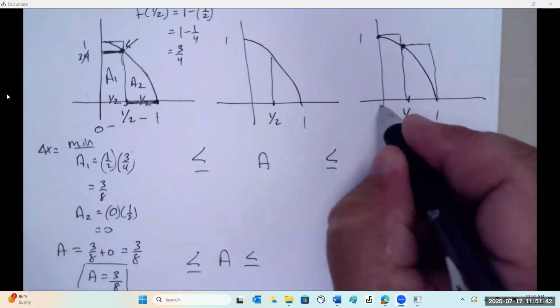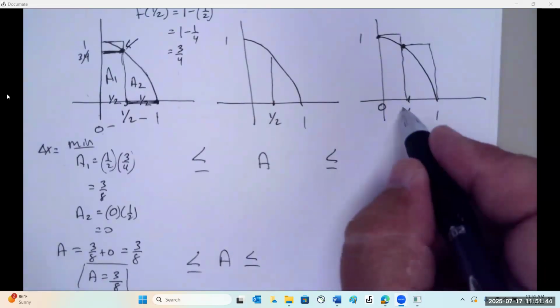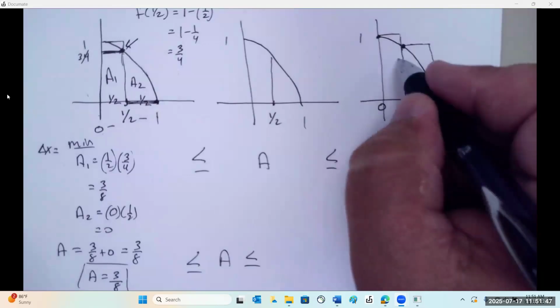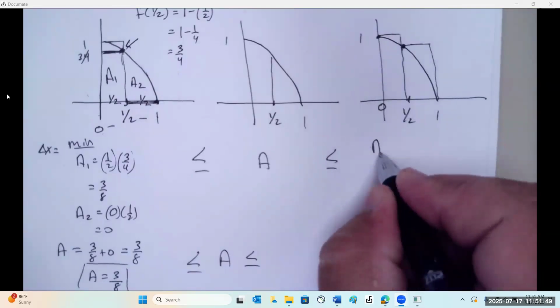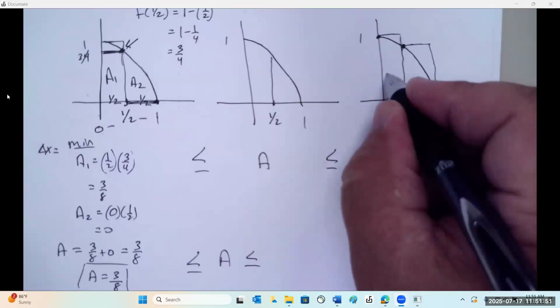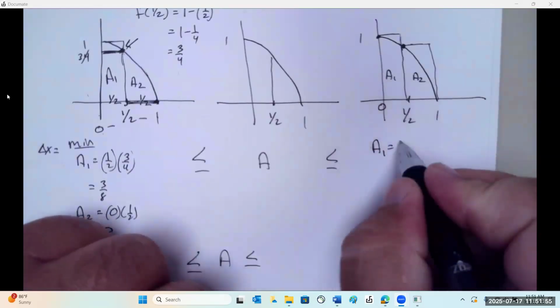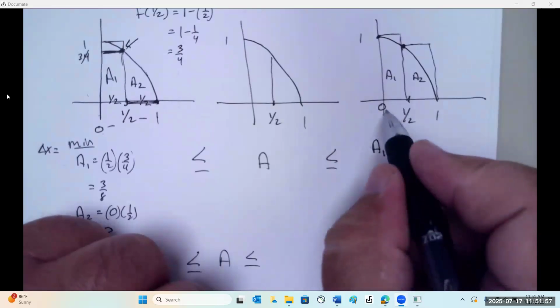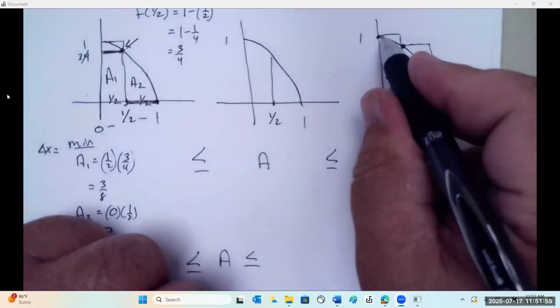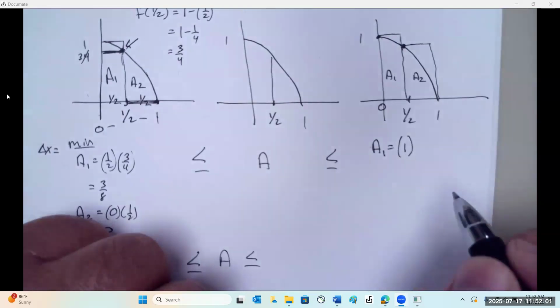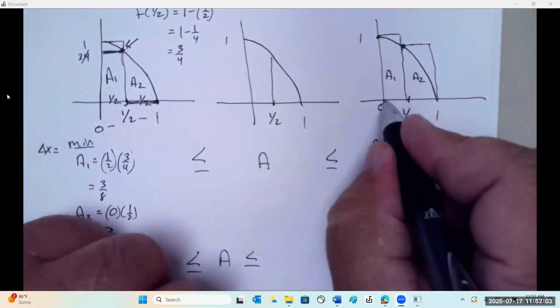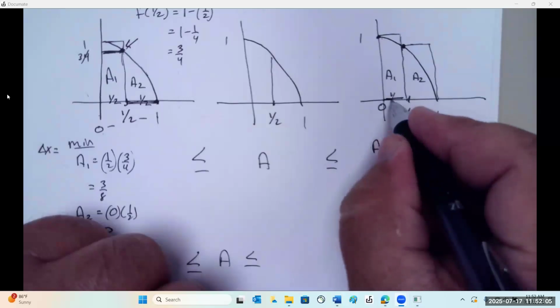Now, from here, my right endpoint for this first one, this is A1, this is A2. So the height, my right endpoint, the height is 1, and my width is 1/2.